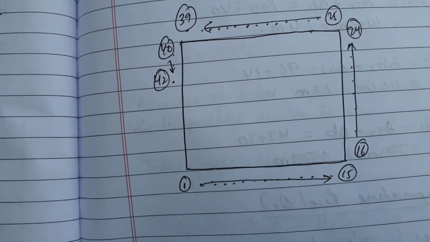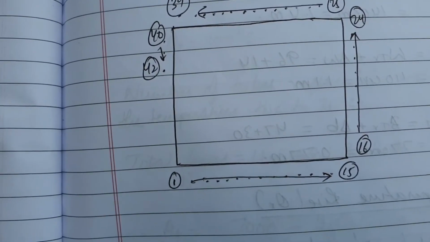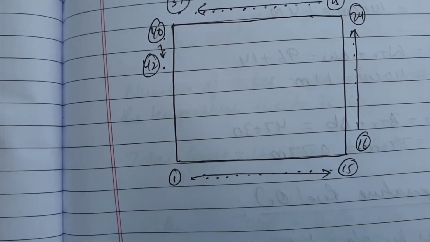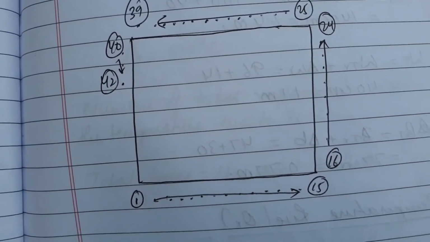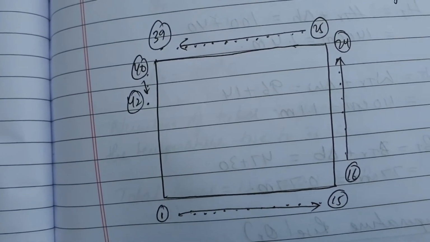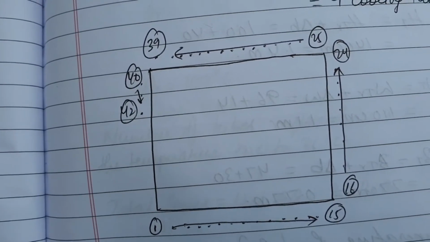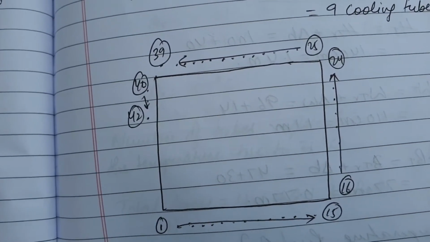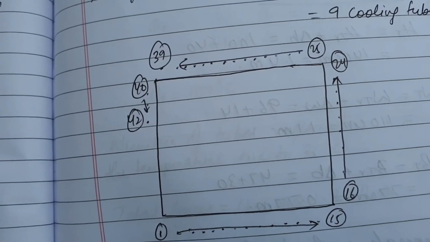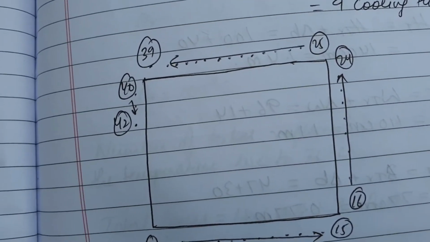I'm placing 15 cooling tubes, and this arrow mark will indicate the arrangement or the alignment of cooling tubes from 1 to 15. Then next, along breadth I'm going to place 9 cooling tubes. So that's why I have written starting from 16 and ending at 24, because 16 to 24 is 9 cooling tubes, that is 16, 17, 18, 19, 20, 21, 22, 23 and 24.